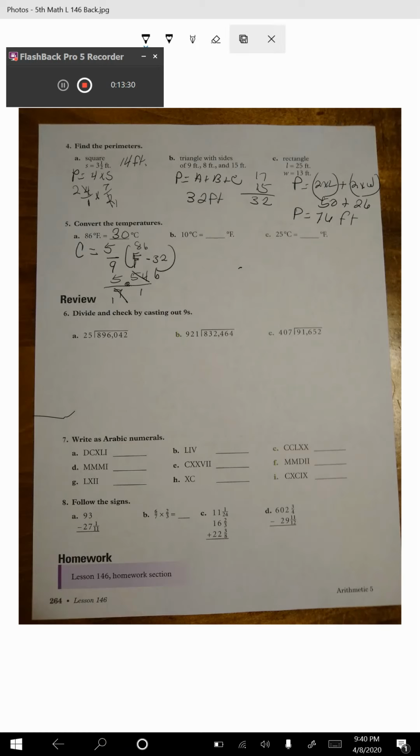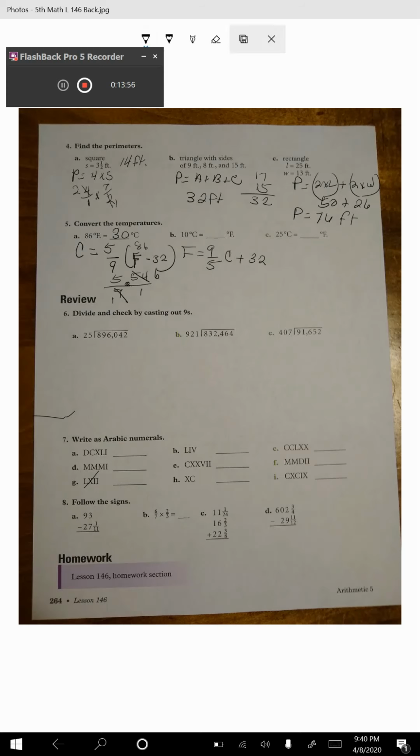All right, now we're looking for Fahrenheit. So everything's opposite. Now it's the 9 over 5. And it's Celsius, sorry. Just erase that. It's the Celsius plus 32. Everything's opposite.